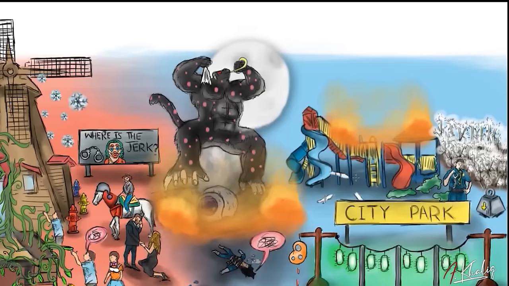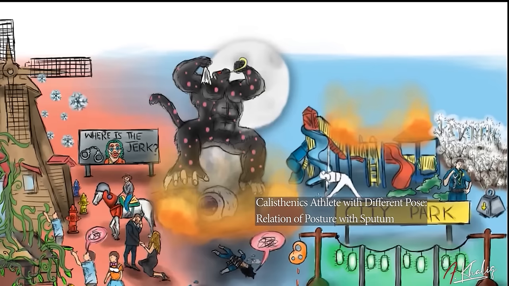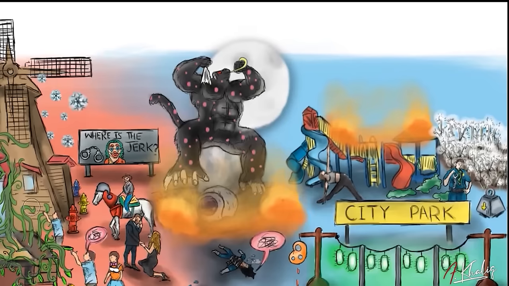Next in the city park, we're going to draw a calisthenic athlete. And you know what? She is having a very different posture. So now here we're going to discuss the relation of sputum to the posture. Now when the patients say when they turn to one side they have increased sputum production, that means disease of the opposite lung.